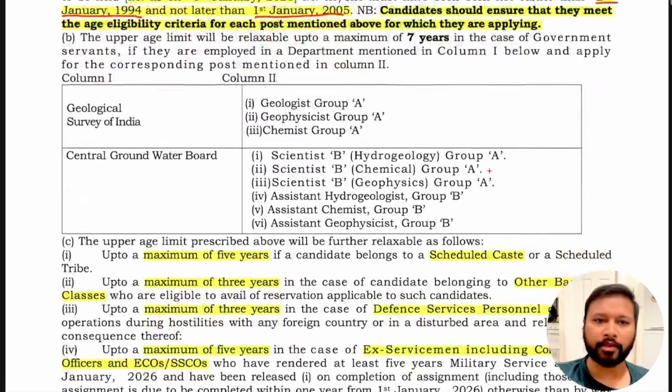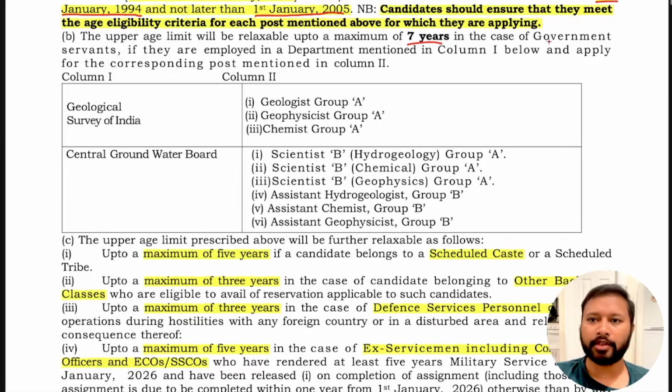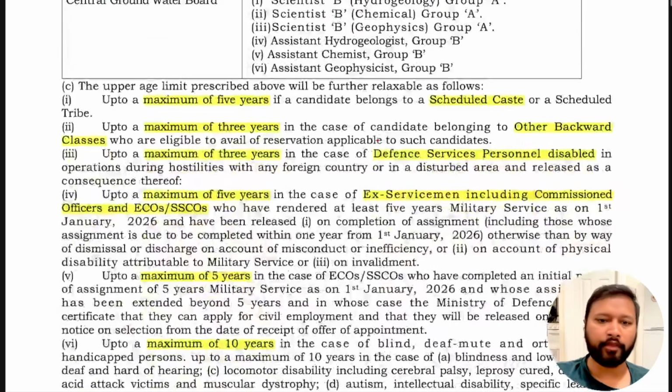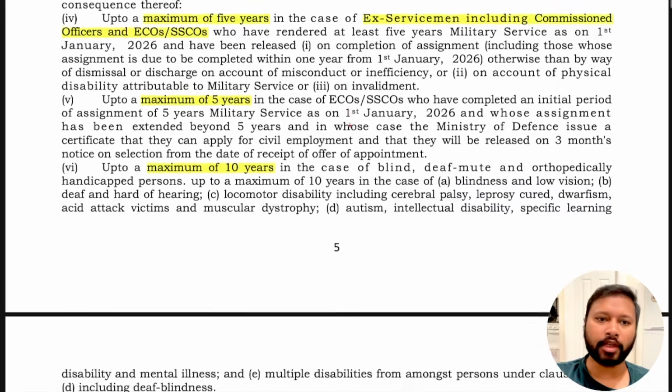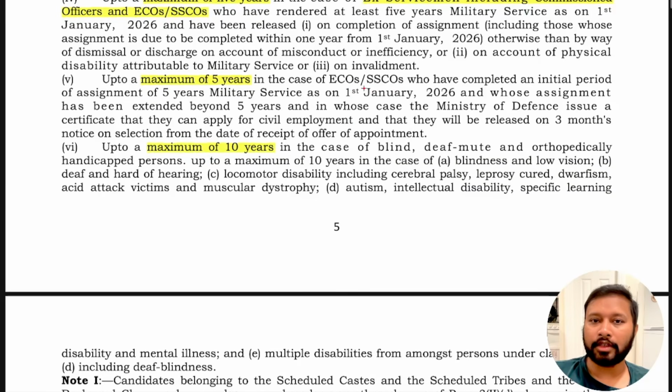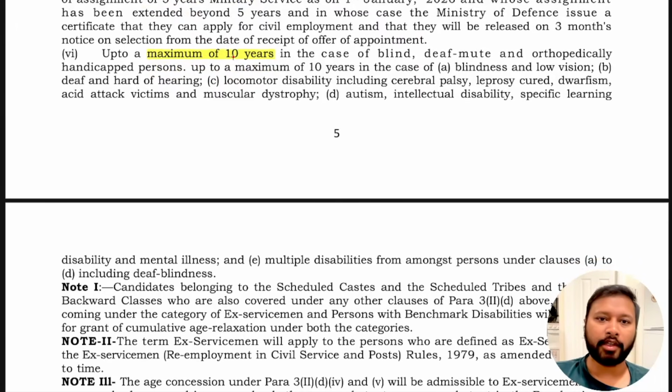There are some relaxations which are given. For example, 7 years of relaxation is given to government servants, then 5 years relaxation to SC category students, 3 years relaxation to OBC category students, 3 years relaxation to defense service personnel disabled during the operations, then 5 years relaxation to ex-servicemen including commissioned officers, ECOs and SSCOs, 5 years to ECOs and SSCOs who have completed the initial period of assignment, then 10 years in case of blind, or if the person has some disability.